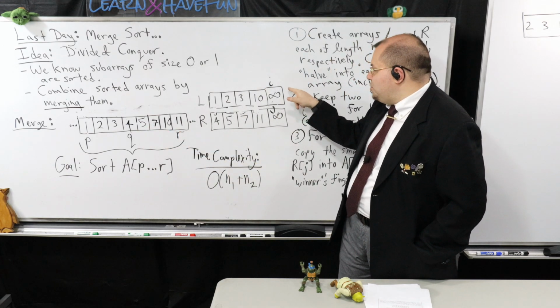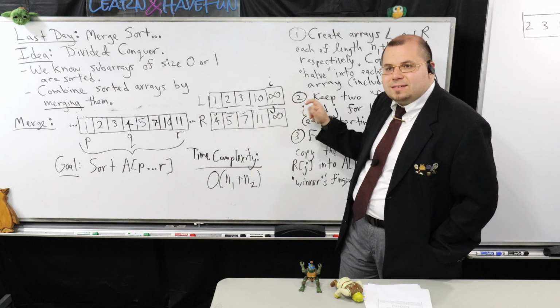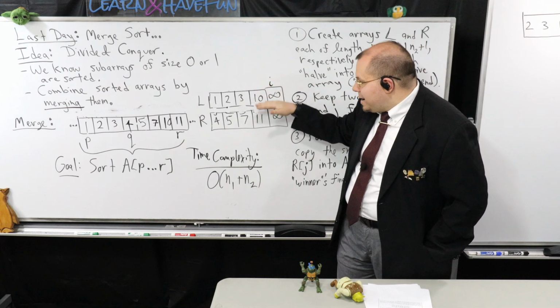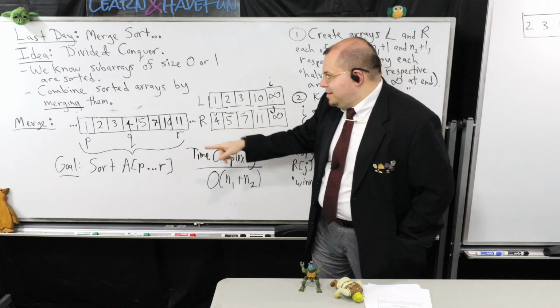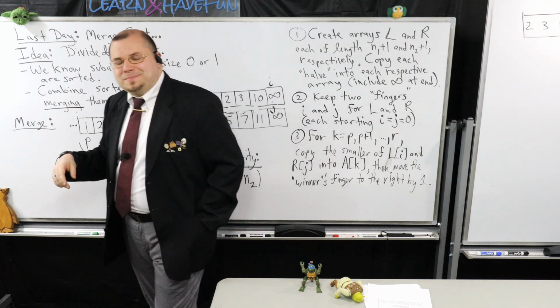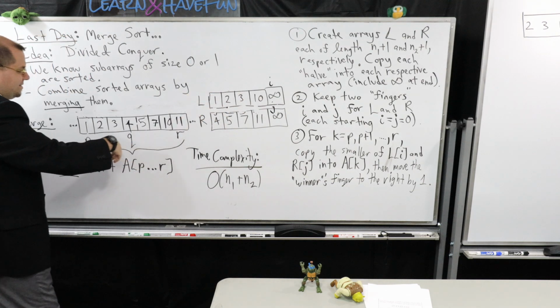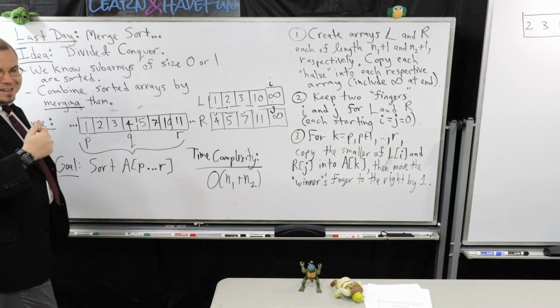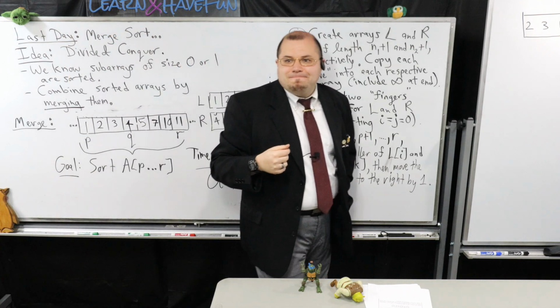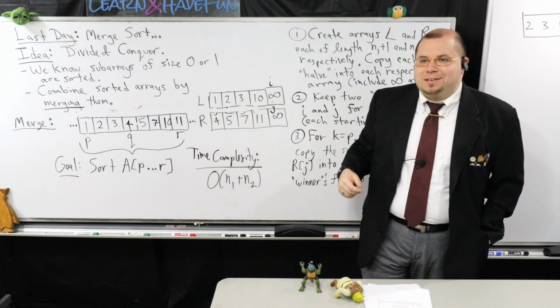In the algorithm, you actually create these two arrays. So these two arrays right here are brand new. This is the same one that you're sorting. Just like in quicksort, we don't actually build new arrays like this. Instead, we actually just manipulate the array we have initially. That's a good question.